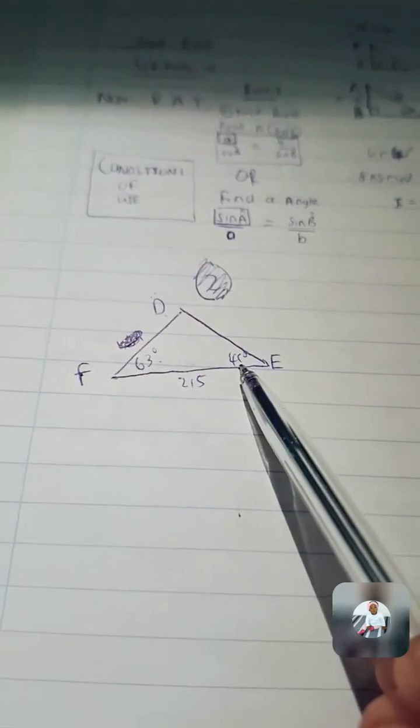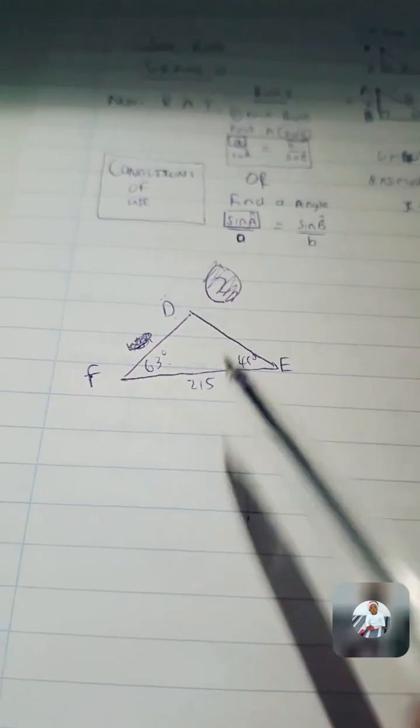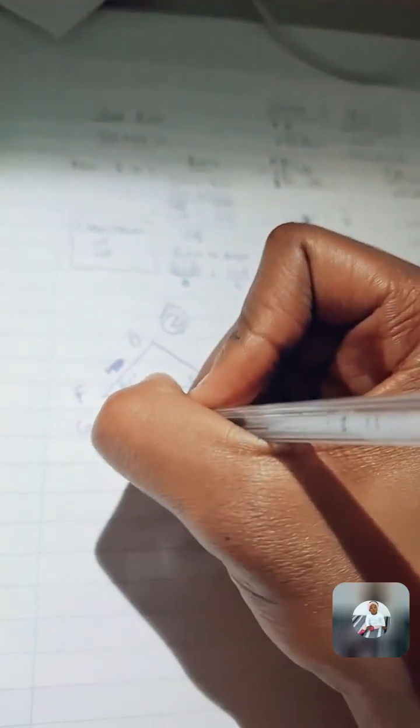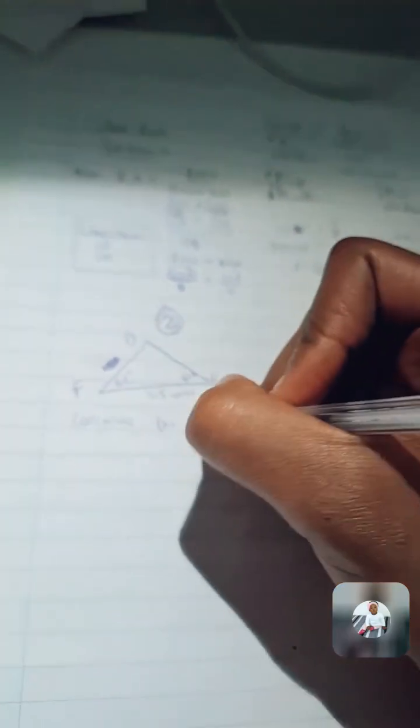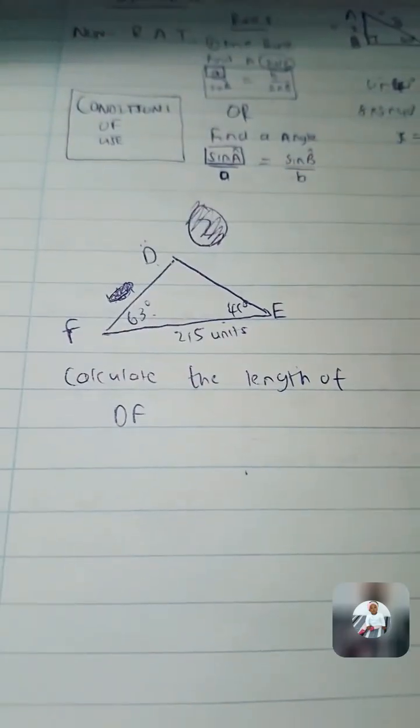Angle E is 41 degrees, angle F is 63 degrees, and EF is 2,5 units. And the question says, calculate the length of DF.